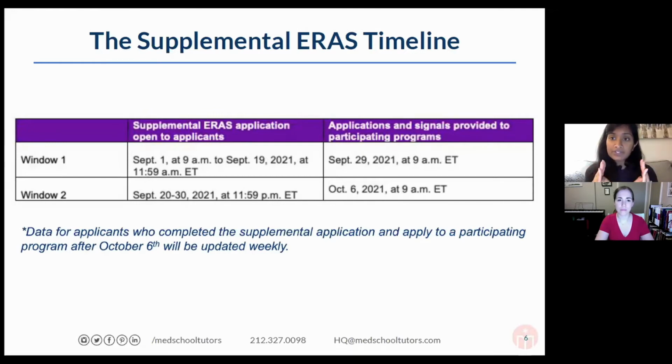If you submit during that time period, your supplement application will be sent to programs on September 29th. If you submit between September 20th and September 30th, that will be submitted on October 6th. And anytime you send after September 30th, so October 1st onwards, that will be sent in weekly batches to the programs.